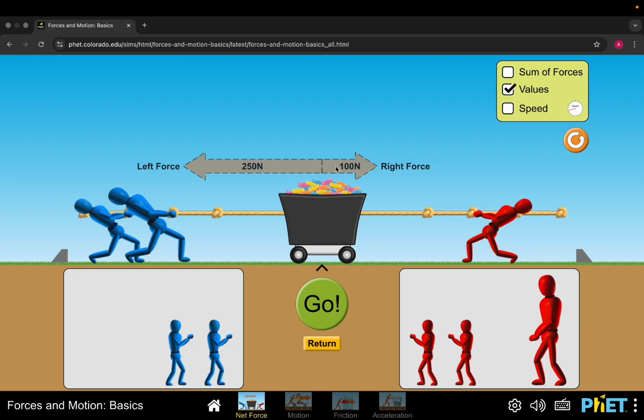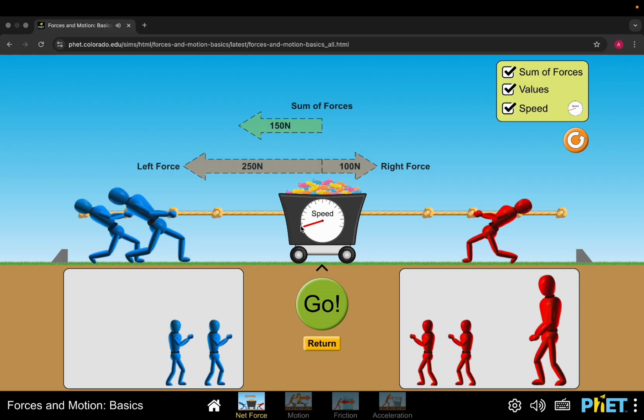If you're going to the right, it is going to be positive, but if you're going to the left, it is going to be negative. So you have 100 newtons to the right, sorry, and 250 newtons to the left. So you're going to subtract 100 from 250, and you're going to result with 150 newtons. So that's how you actually use this.